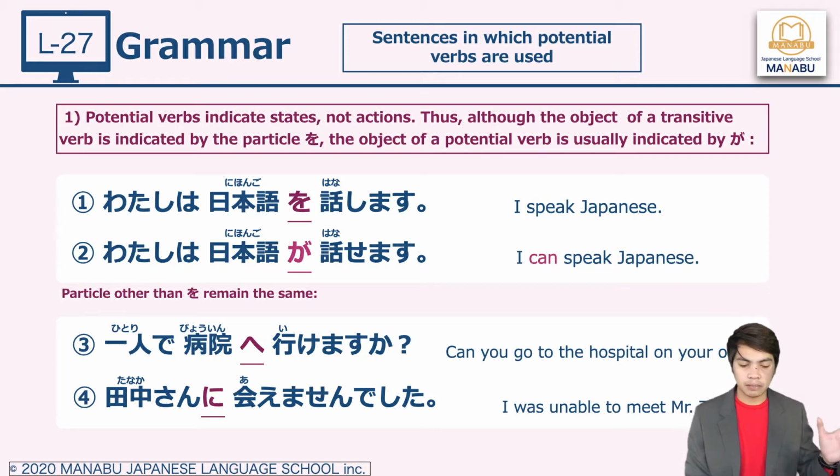Aemasen deshita, because it's in the past. So I was not able to meet Mr. Tanaka. So Tanaka-san and the verb aimasu, the particle is particle ni.